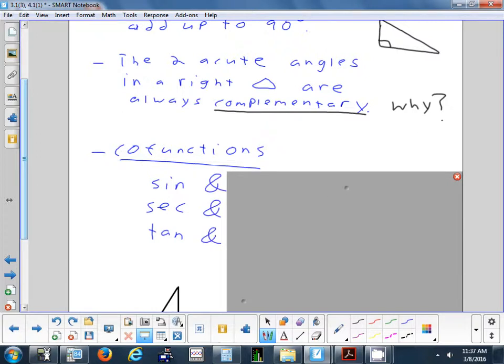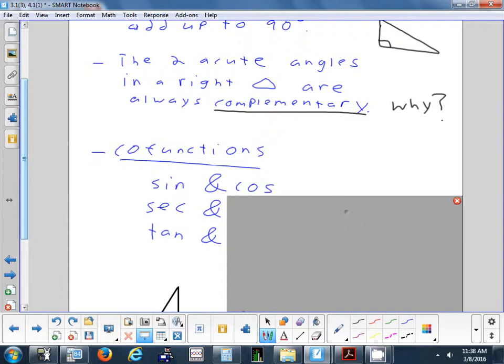The first one is sine. Does anybody have a guess what the cofunction of sine would be? Cosine. Basically, if you put the word co in front of sine, you get cosine.